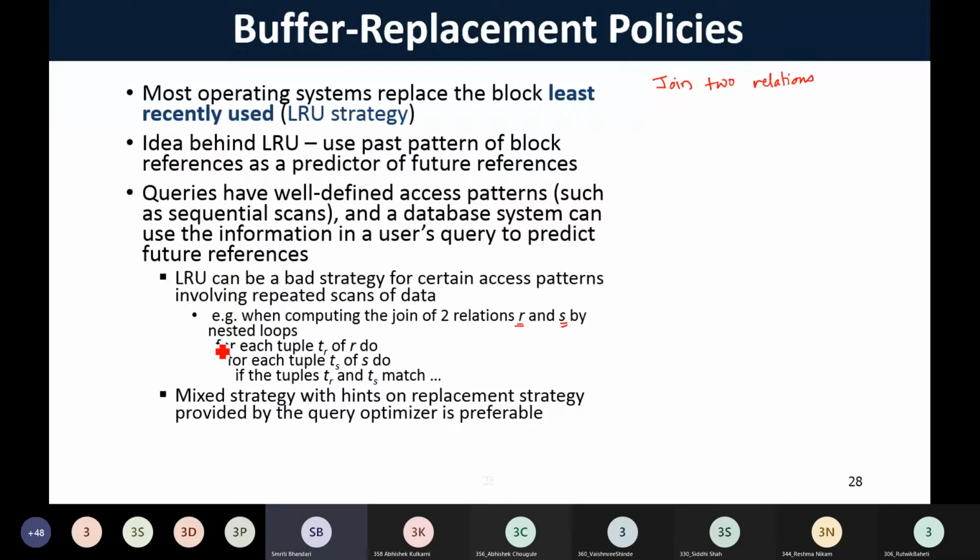We may have nested loops. So there are two nested loops. See here, we are having two for loops. Those are nested.